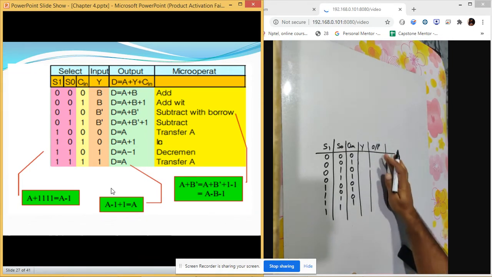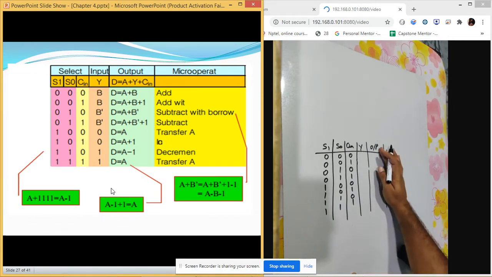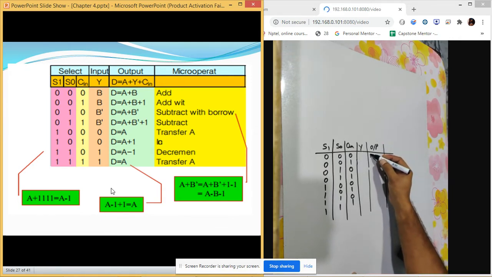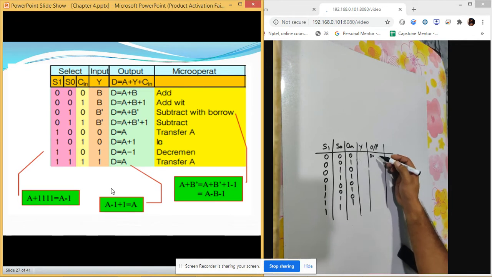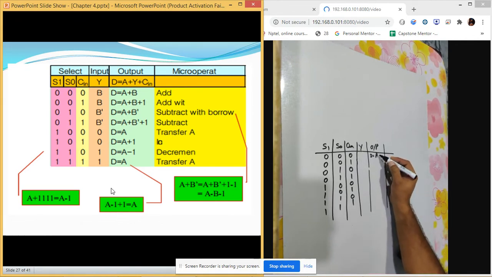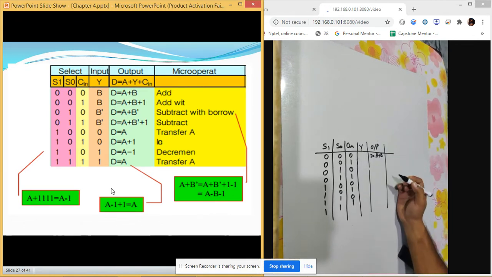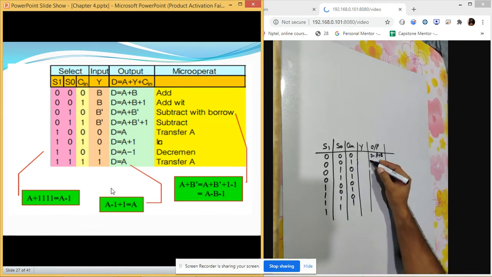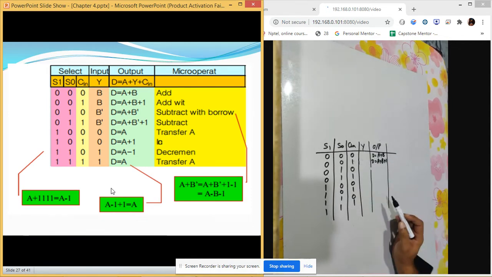Now for making this output, we will need a circuit. The output D is simply A plus B. Then D is equal to A plus B plus 1, because 1 is the carry value.